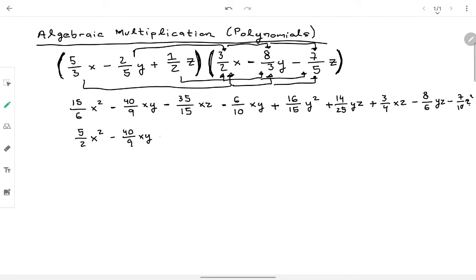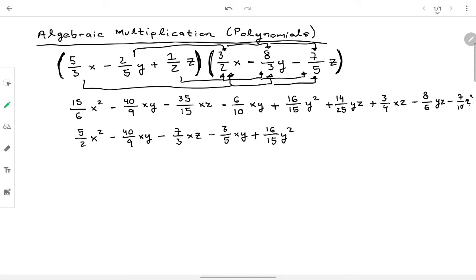The next one we can simplify by dividing by 5, so it will be 7/3 of xz. The next one is going to be divided by 2, so it will be 3/5 of xy. The next one cannot get simplified, so it will stay the same.